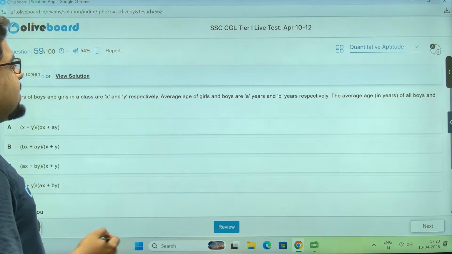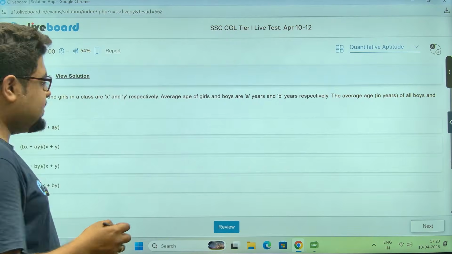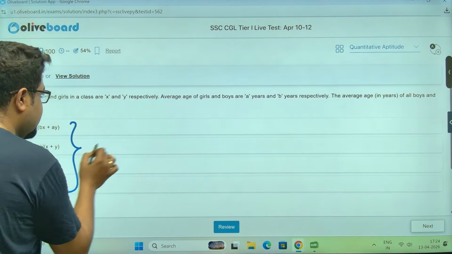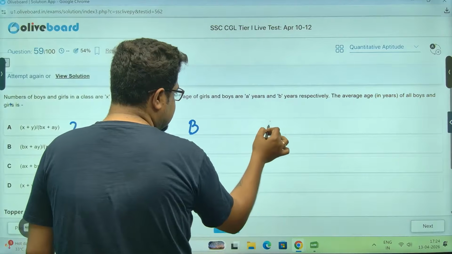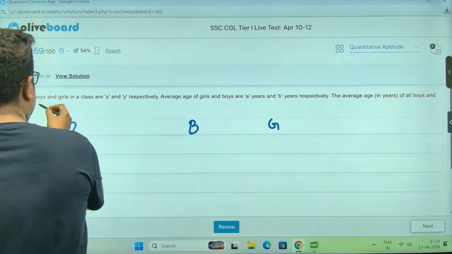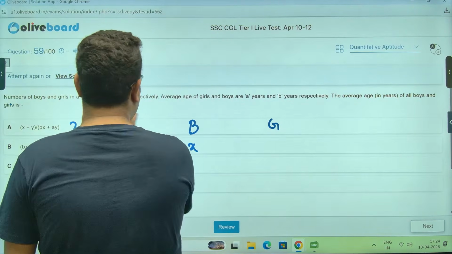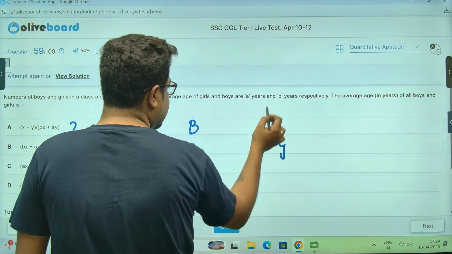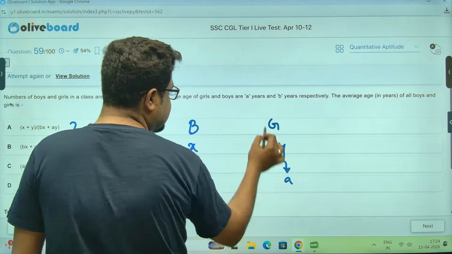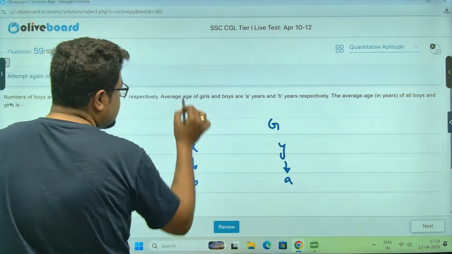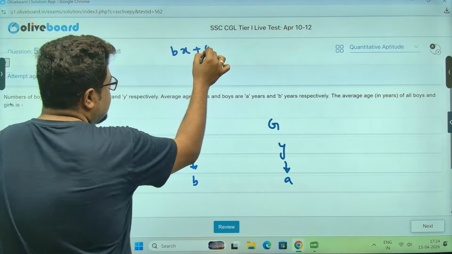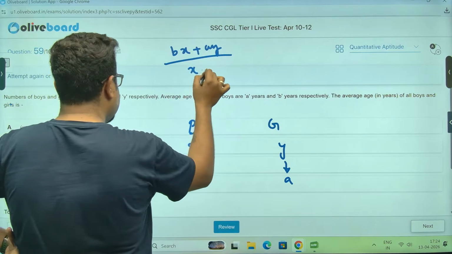Boys, girls, average, sir, weighted average question. Simple expression of weighted average. Chalo, again, boys and girls. Number of boys are X and girls are Y. Girls are A years. Again, don't make that mistake. And this is B years. So BX plus AY by X plus Y, sir.